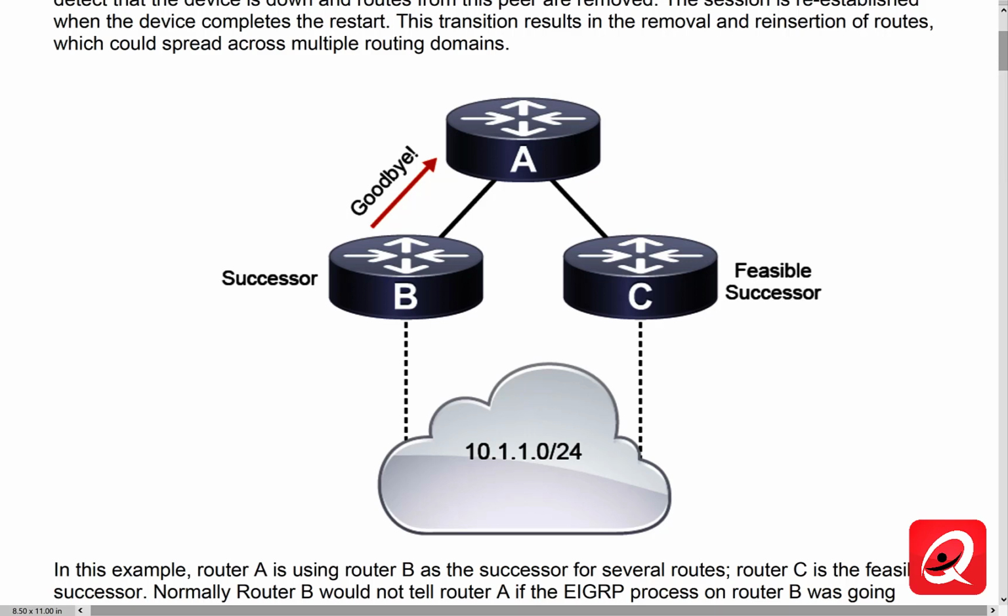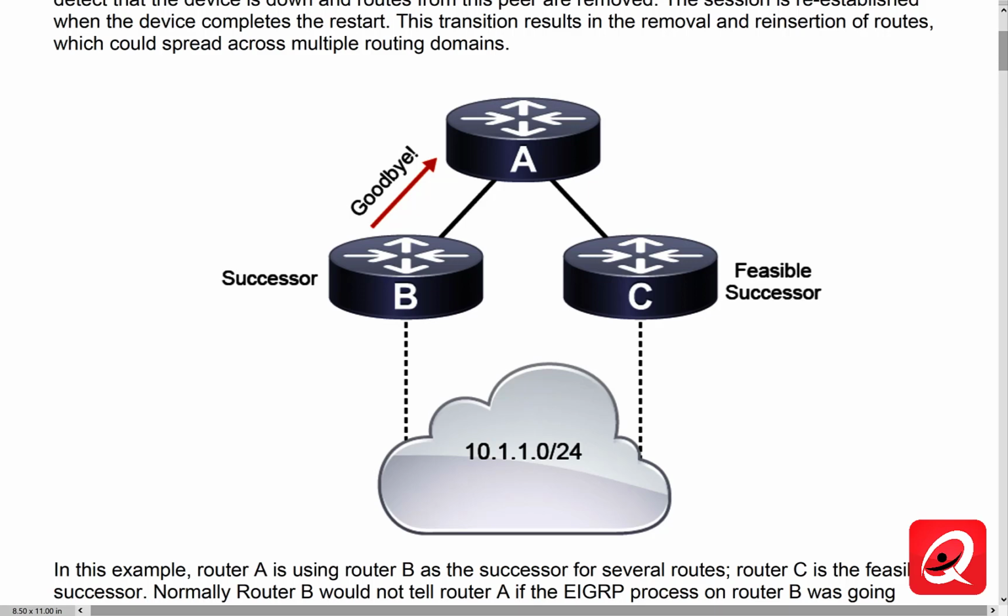In this example, router A is using router B as the successor for lots of routes it's learning. Router C is the feasible successor. Normally, router B would not tell router A if the EIGRP process on router B went down. Router A would have to wait for that hold timer to expire.